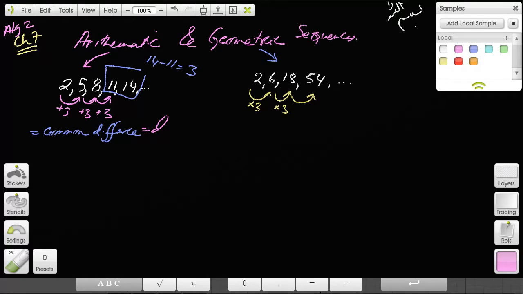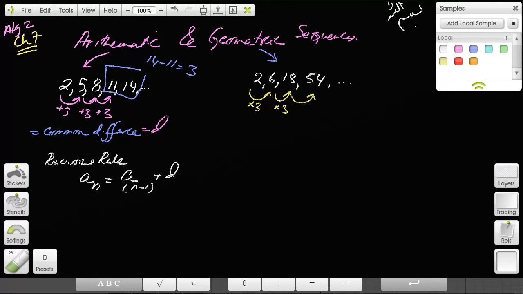I suggested previously there are two ways to define an arithmetic sequence and how to get the terms. The first rule is the recursive rule. That is, the way you get a sub n depends on the term before it, a sub n minus 1, and then you just add the difference.